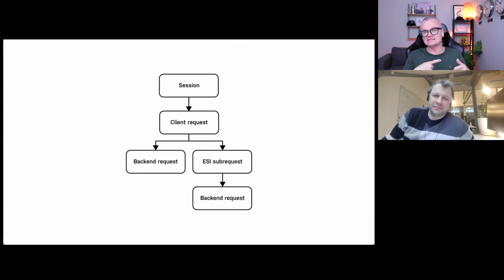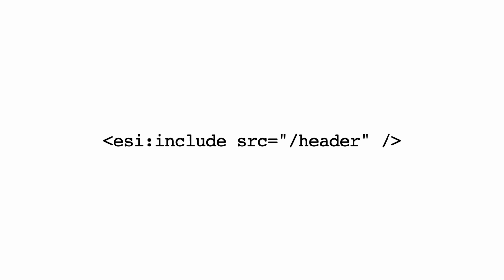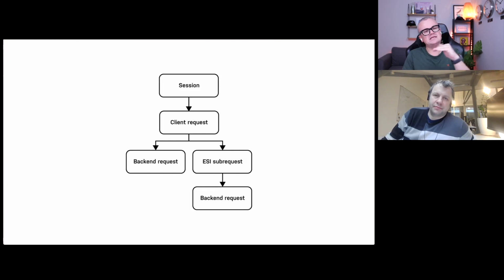Now we need to touch on that ESI point. It could be that this specific ESI tag is mentioned in the code of the user, which triggers another request, an ESI sub-request, which makes us go deeper into the tree. And that sub-request will trigger a backend request, potentially, if it's not a cache hit, and so on and so forth, which makes sense from that level point of view.